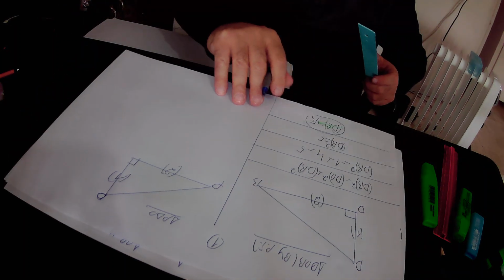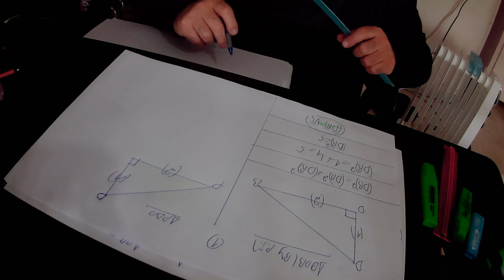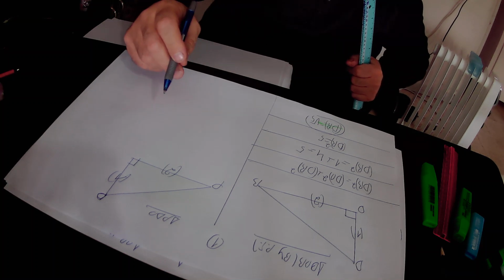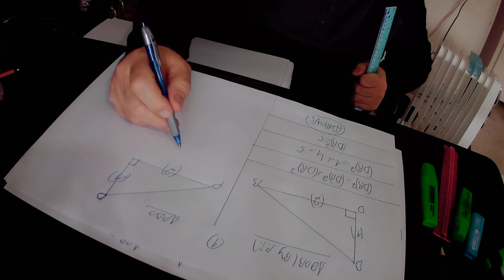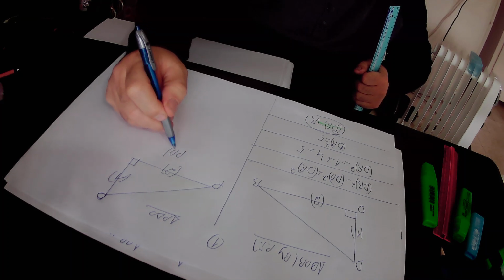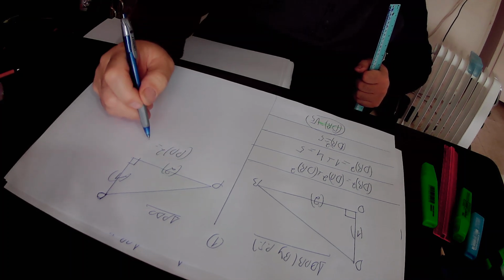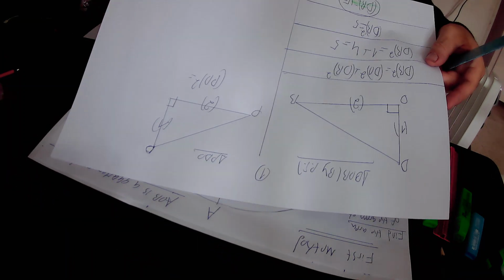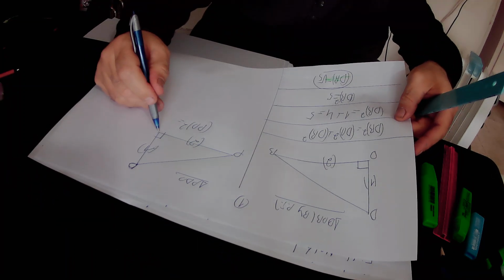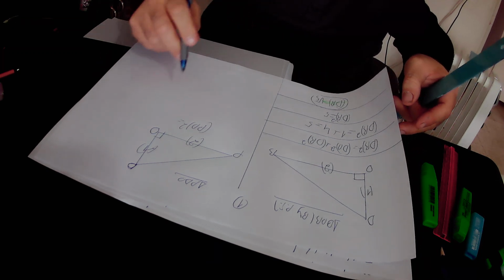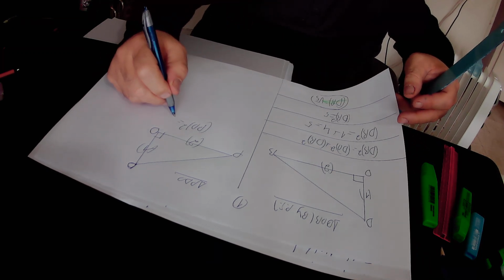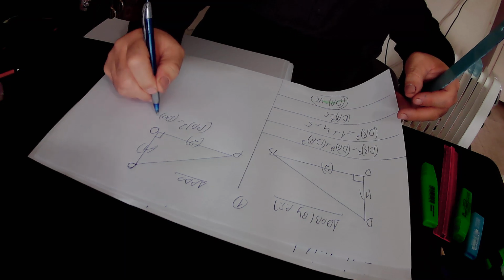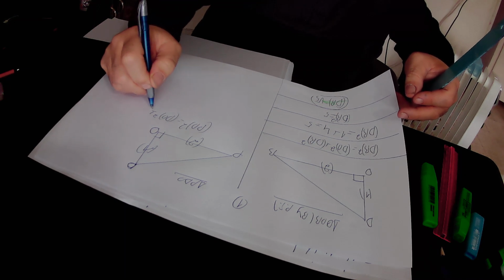So this is the right triangle PDO that we copied from the original drawing. According to the Pythagoras theorem, in this right triangle PDO, PD squared, that is the square of the hypotenuse, must be equal to DO squared plus PO squared.